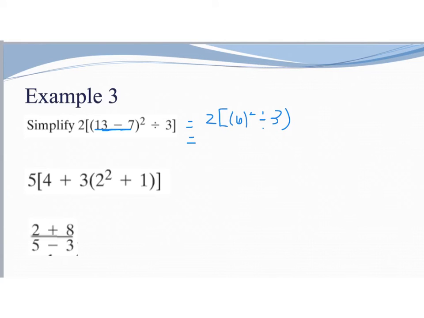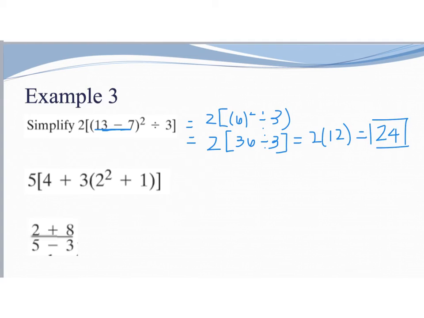So I end up with 2 times 6 squared, which is 36, divided by 3. So now I have 2 times 36 divided by 3, which is really 12. And when I multiply that 2 and 12, I end up with 24.